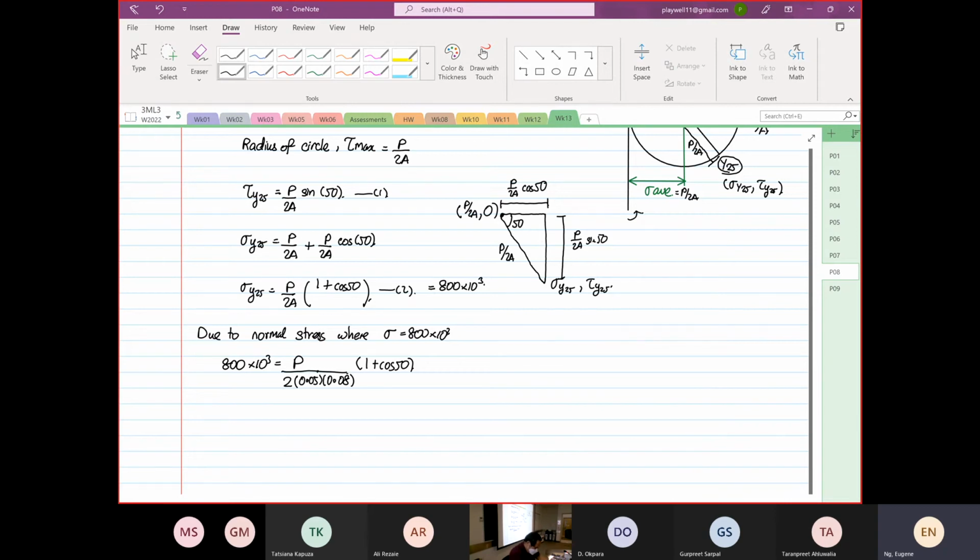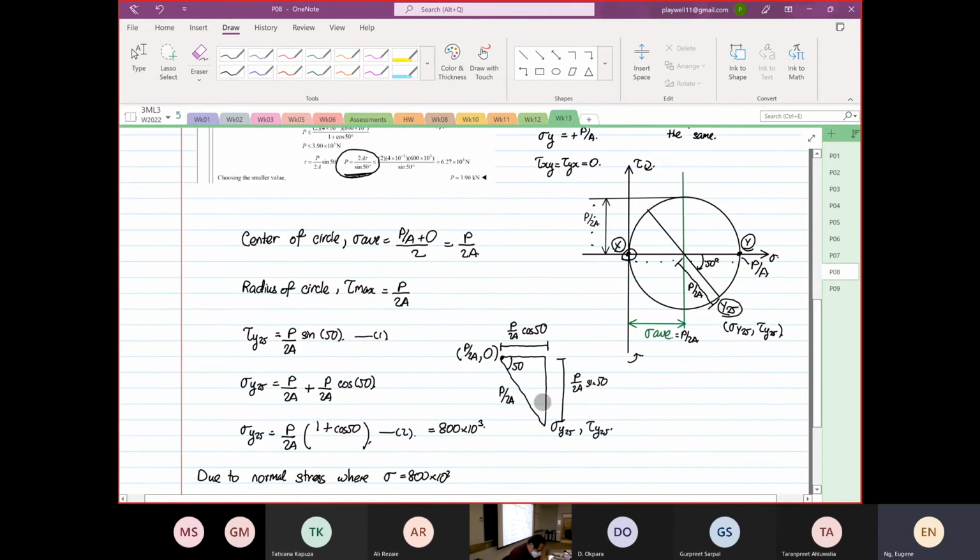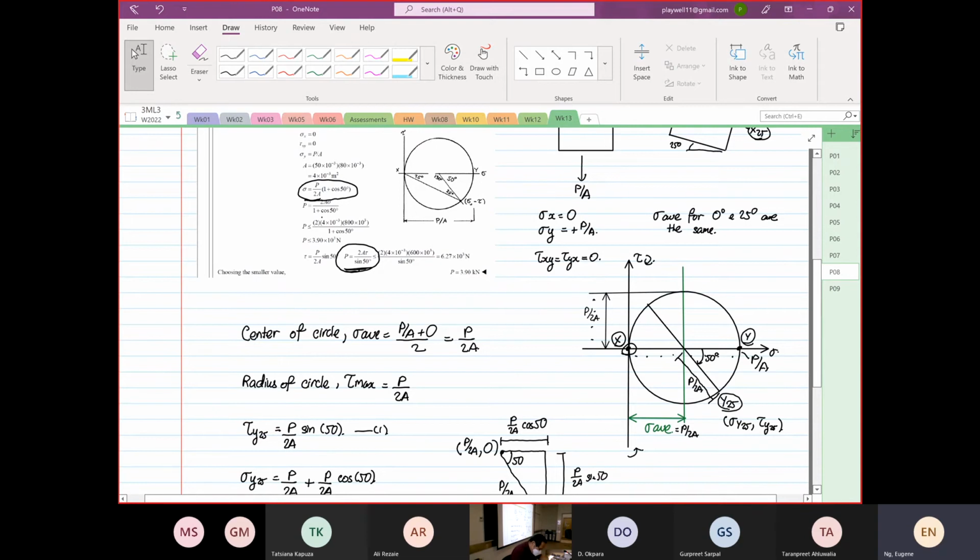So one of the P values that I got is equal to 3.896 times 10 to the power 3 Newton. Let me do it again. 3.896. Did they get 3.896? Okay, they got 3.9.